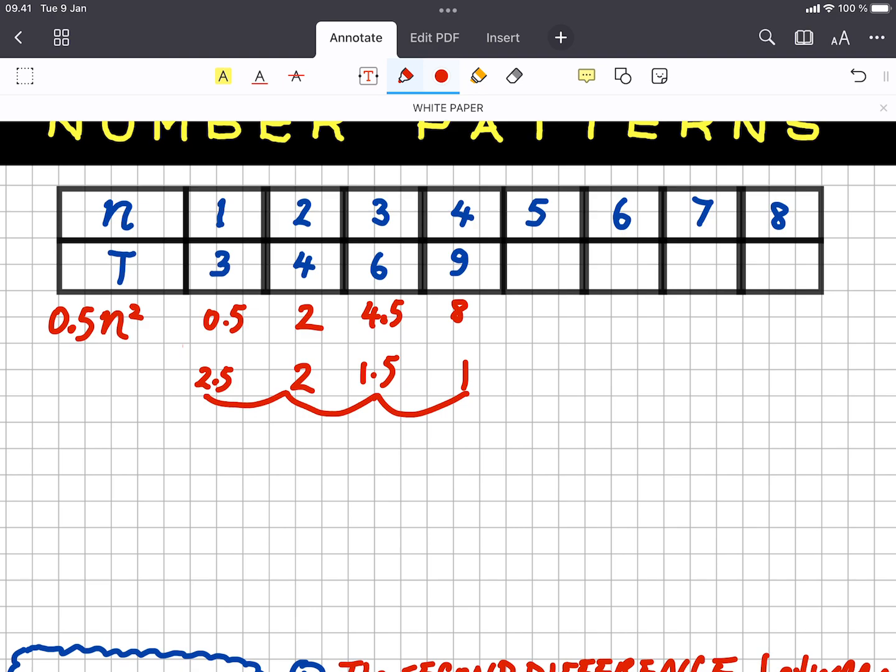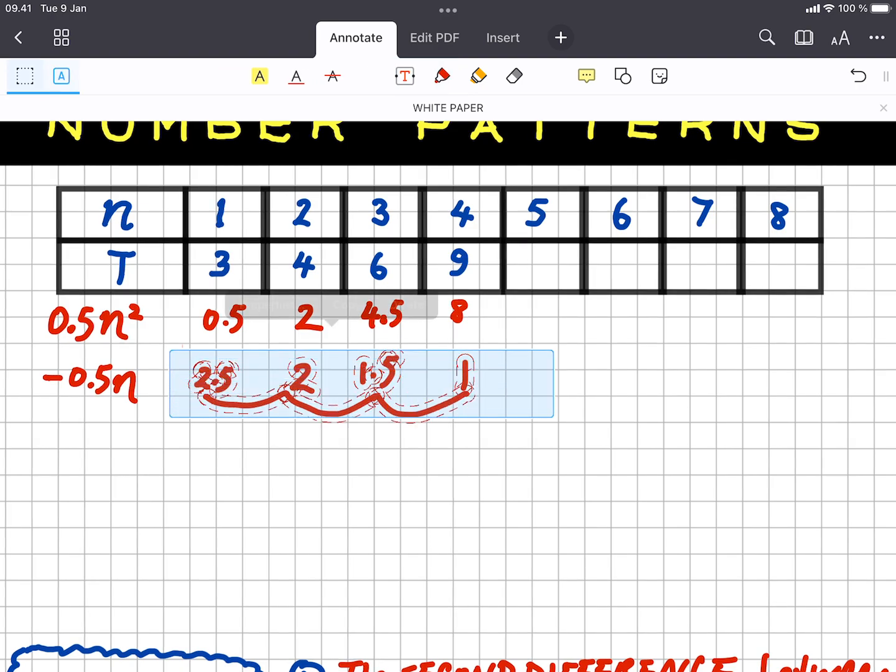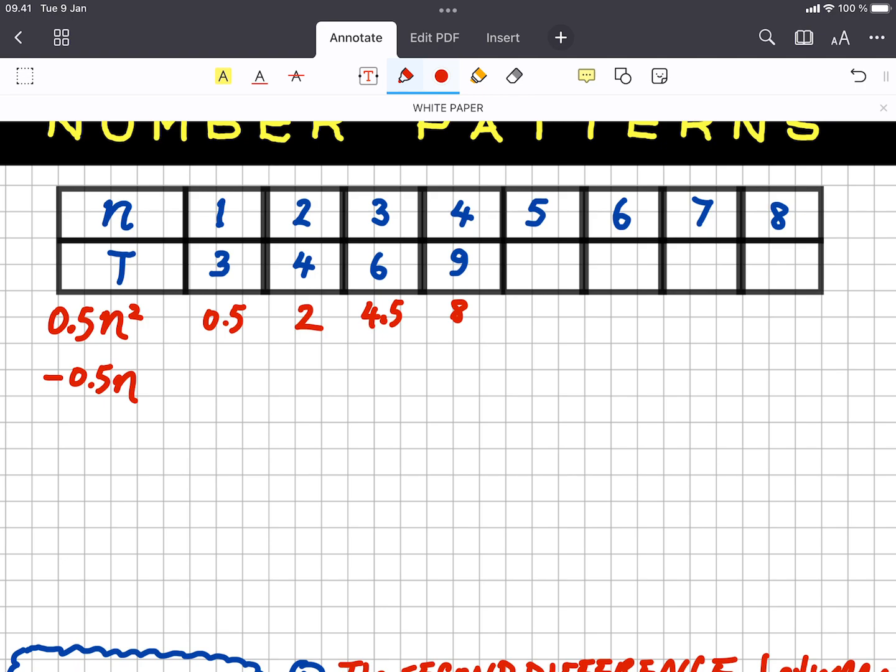And the fact that they go down by 0.5 every time gives us a big clue that the rule for those involves minus 0.5 n. But if we work out minus 0.5 n, then we get minus 0.5 times 1 is minus 0.5.